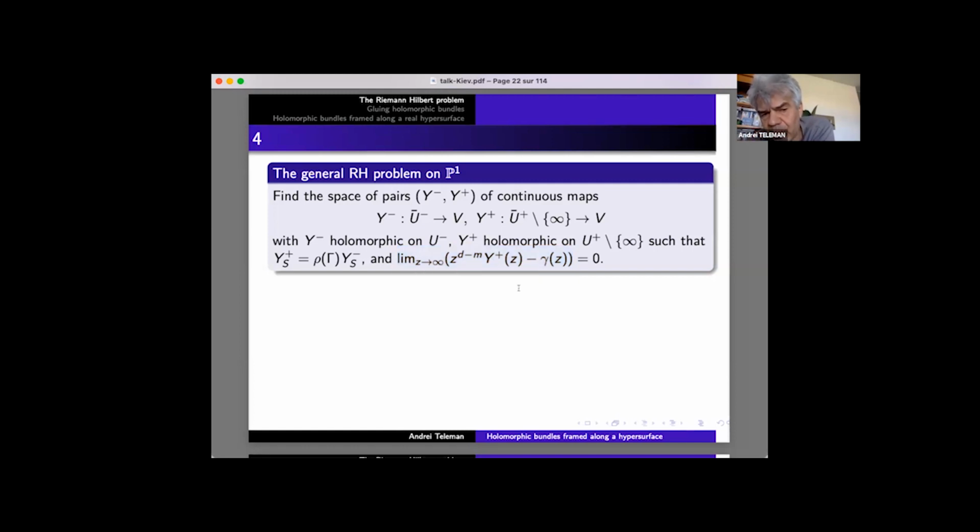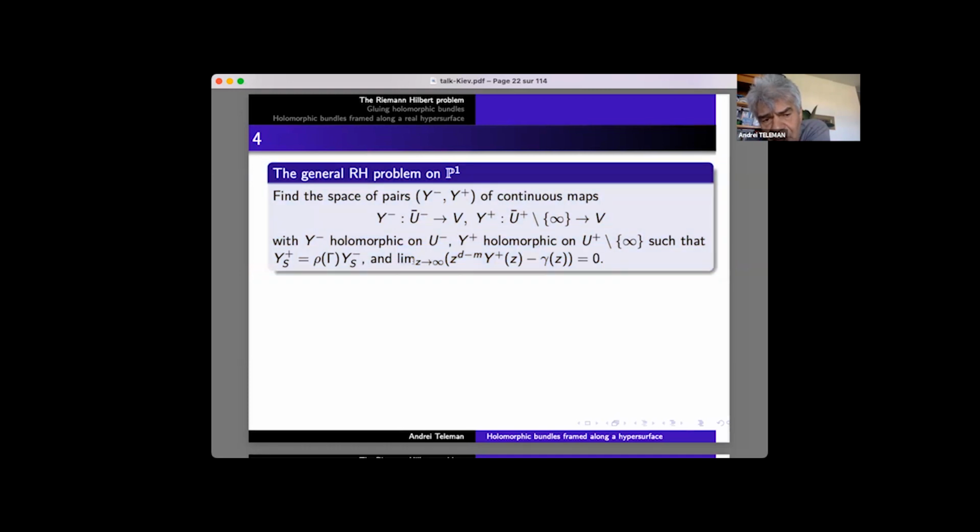It does not allow me to describe in a precise way the space of solutions. So I refine the Plemelj version, which is also a refinement of the original Riemann-Hilbert problem, in which I control with precision the behavior, the growth or the decay, of y plus at infinity.